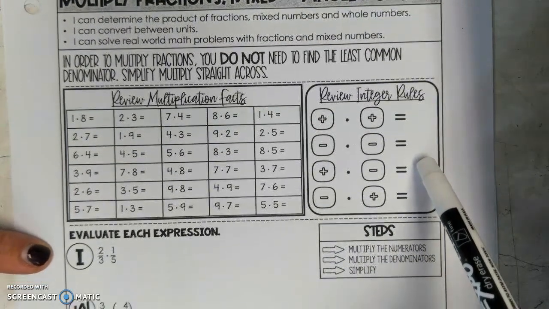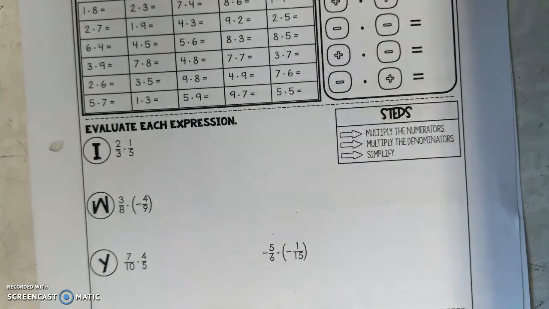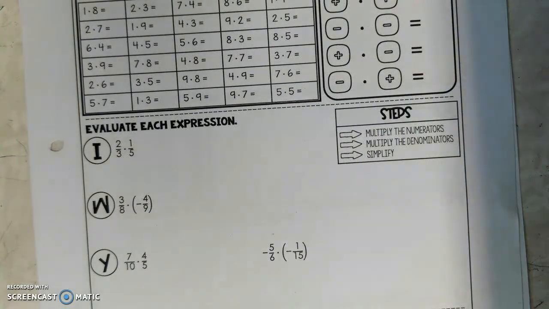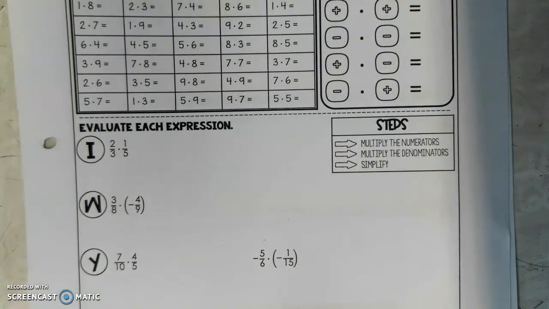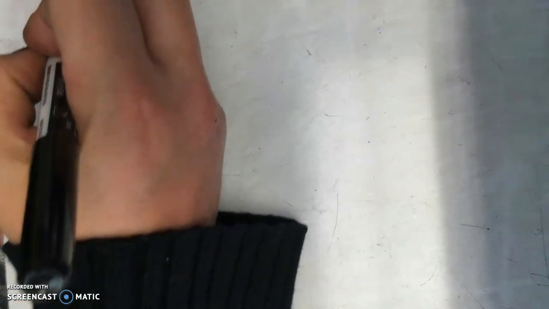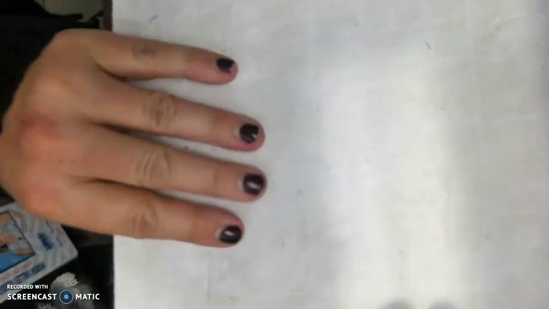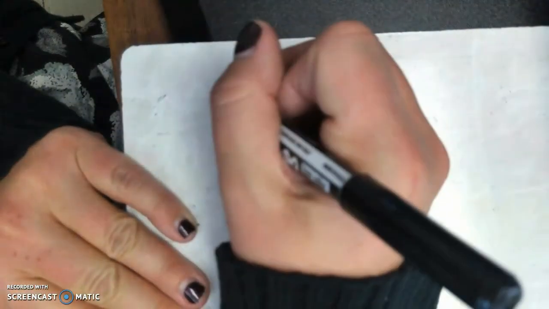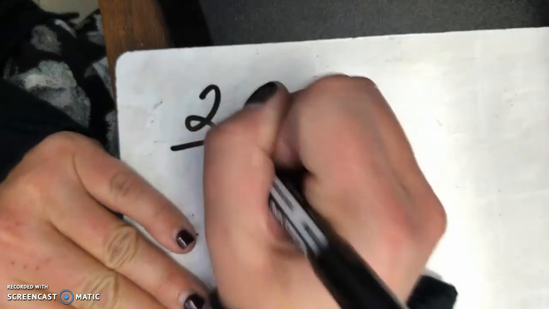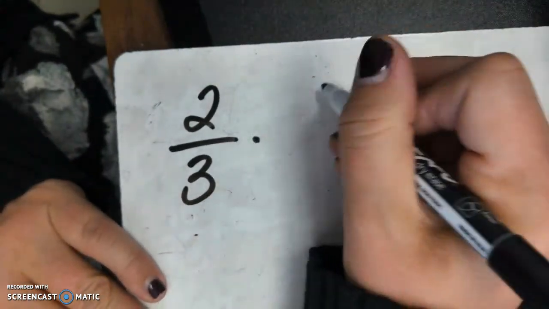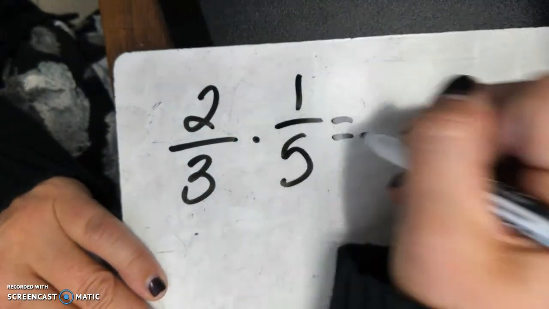Okay, easy peasy. All right, on this part here, remember, when we are multiplying fractions, life is a lot easier. We have to be able to visualize and see what it is that we're doing, but the math is easier, in my opinion. So we got 2/3 times 1/5.